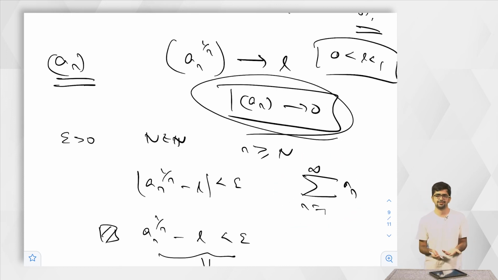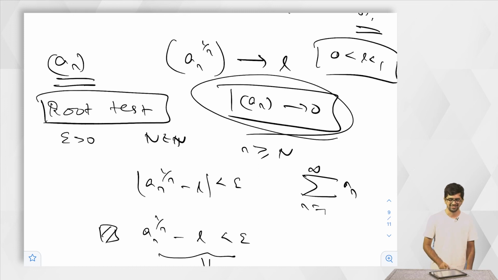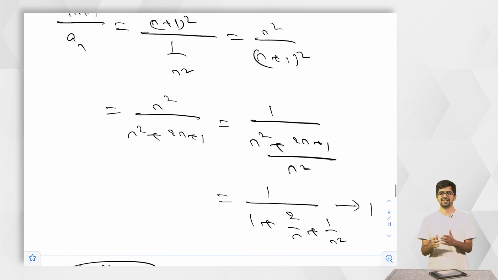This is called the root test, no prizes for guessing the name. If some of you are thinking that these two are really the same thing, why they are given different names, you are in good company; I am also thinking the same thing. I do not know why they have to have different names.